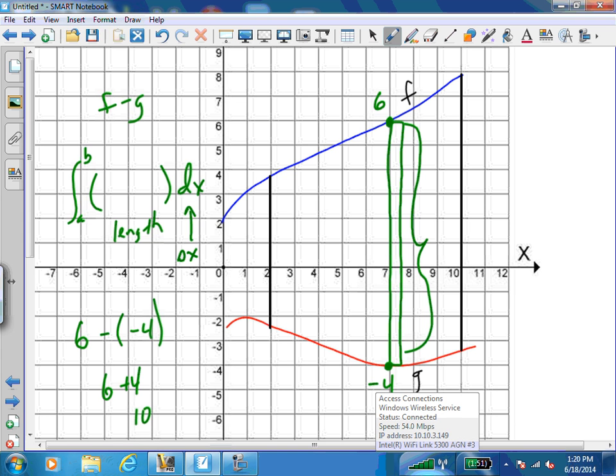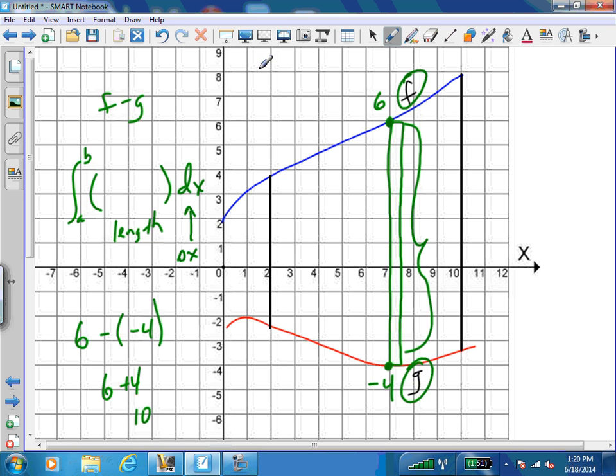So while when we have a single curve we have to worry about whether our function is above or below the x-axis, when we have two functions, as long as we do the top function minus the bottom function, that will account for whatever.